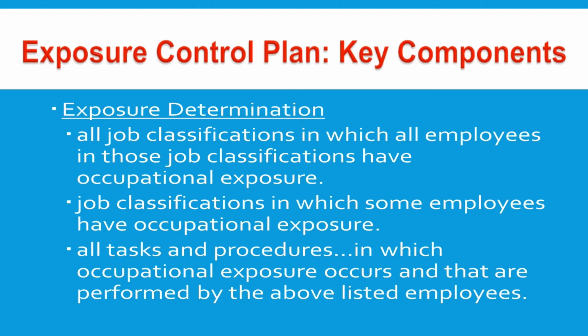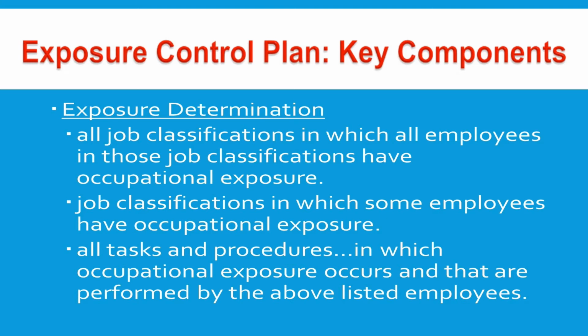You decide who are people that are definitely going to have occupational exposure, who might have occupational exposure, and who definitely will not have occupational exposure. You have to do that, and you have to list them, and that tells you who needs training, who needs access to PPE, and it is a fundamental first step going forward in protecting employees and workers from bloodborne pathogens and OPIM.